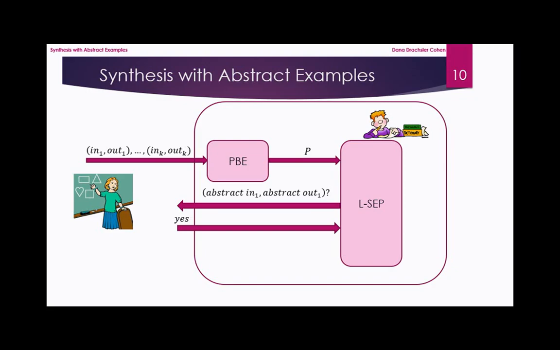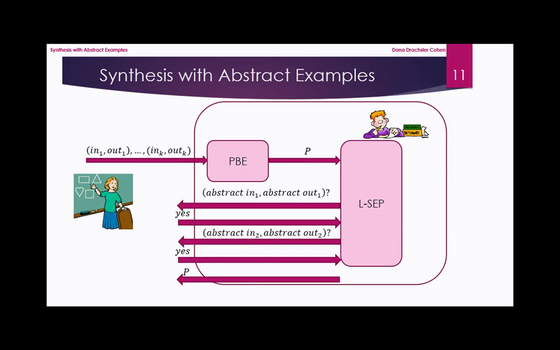Say that she says yes. Now maybe we have to come up with another abstract example because this hasn't covered the entire input space. And say that this time the teacher says, no, this is incorrect behavior. So she will also give us some counterexamples. Now we have one more example, so we can give it again to the PBE, which will come up with a new program.